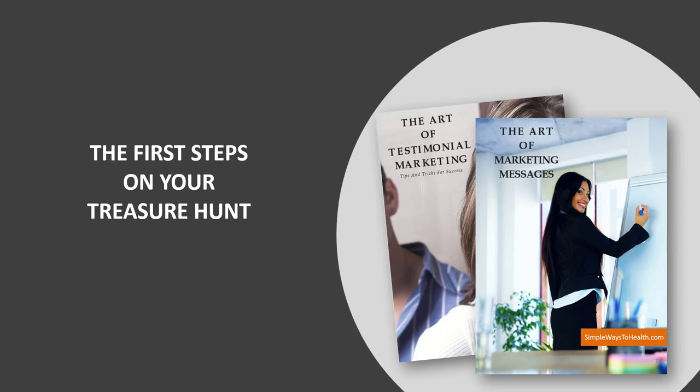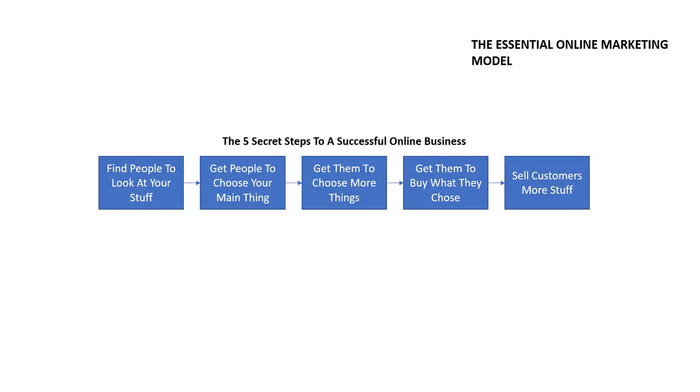Now, here's a piece of gold. Get ready for this. Believe it or not, this is the essential blueprint for how you can make a ton of money online. There's 5 secret steps to having a successful online business.